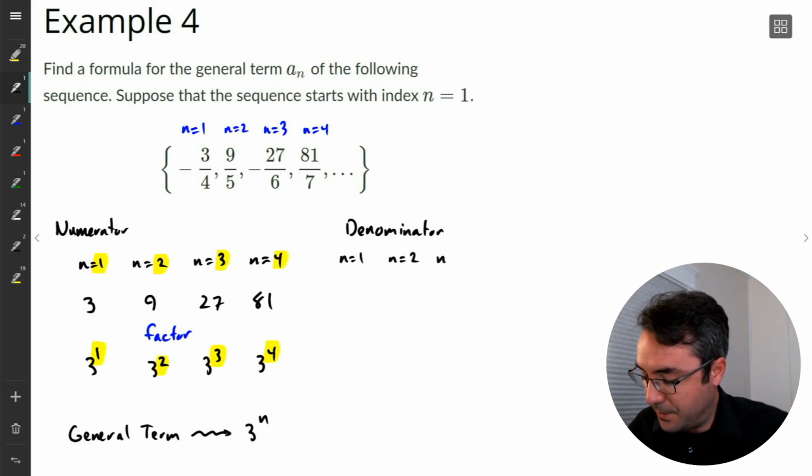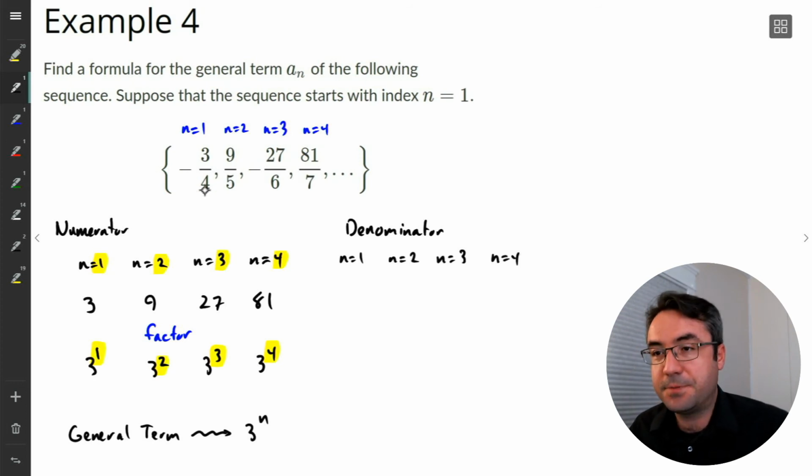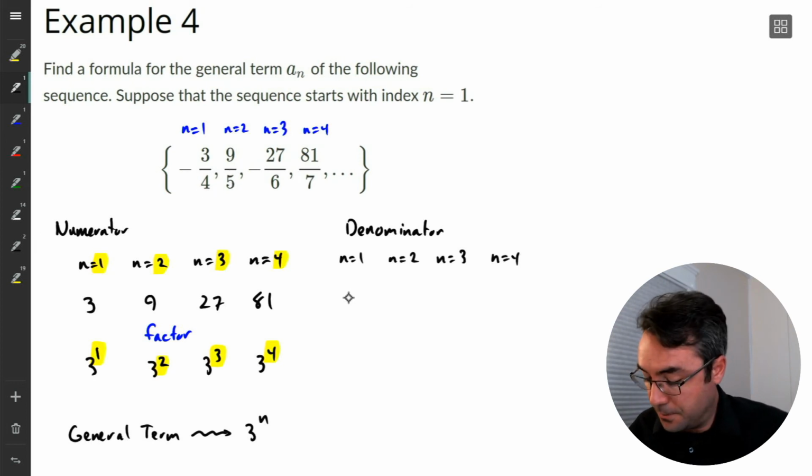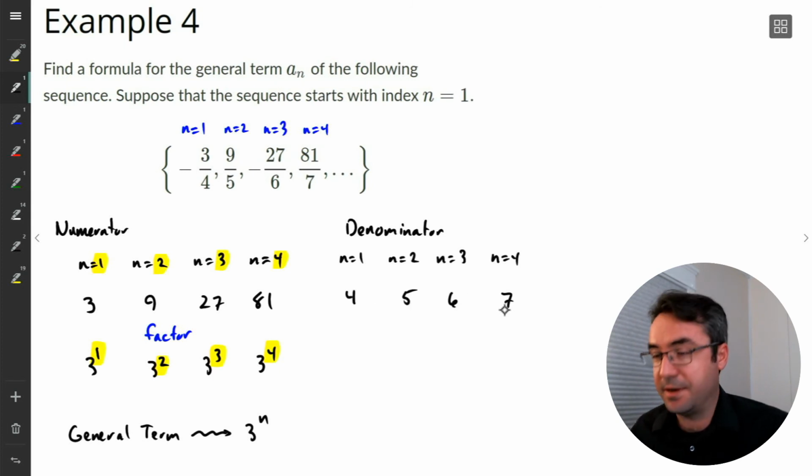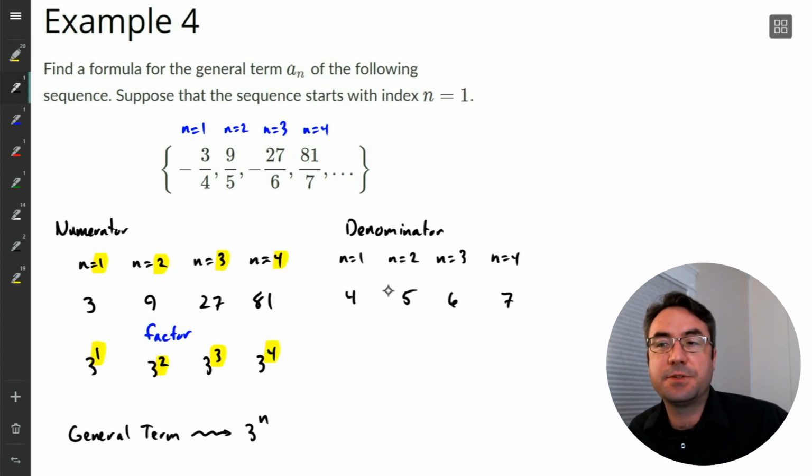Do a little table if you want, and just look at the pieces in the denominator. So 4, 5, 6, and 7. And you're trying to identify how these numbers match up with the n values.